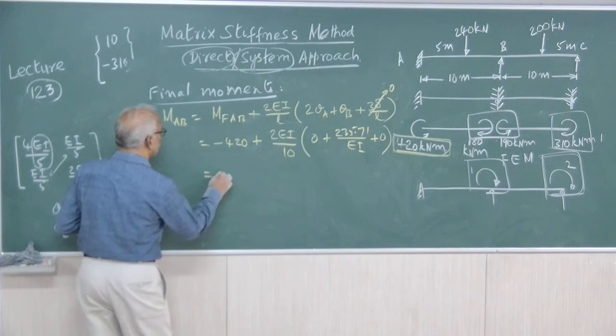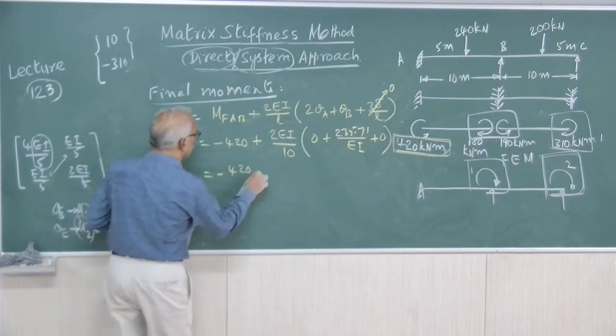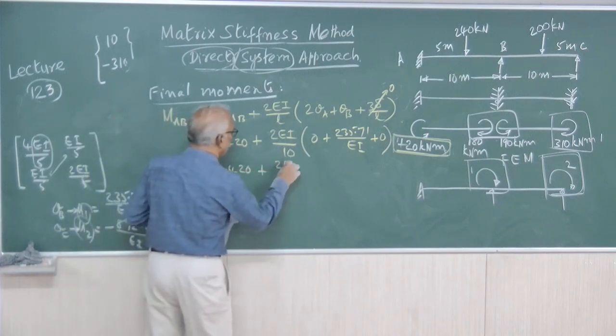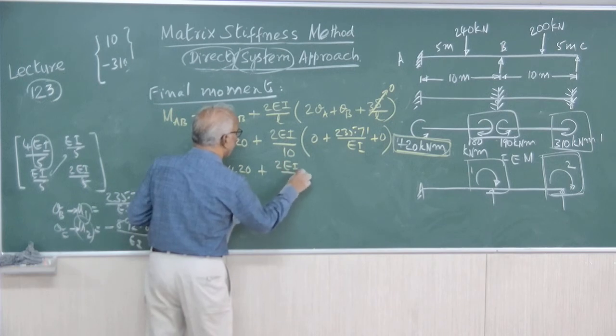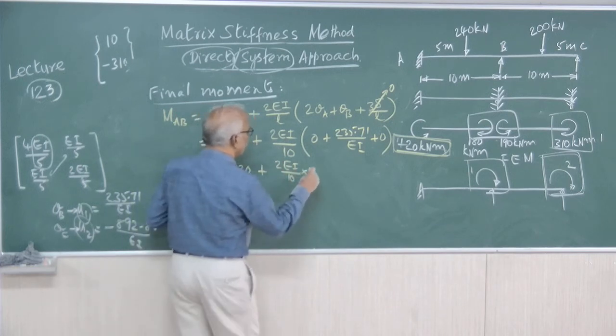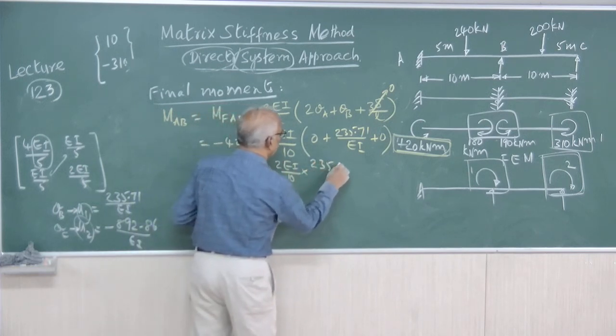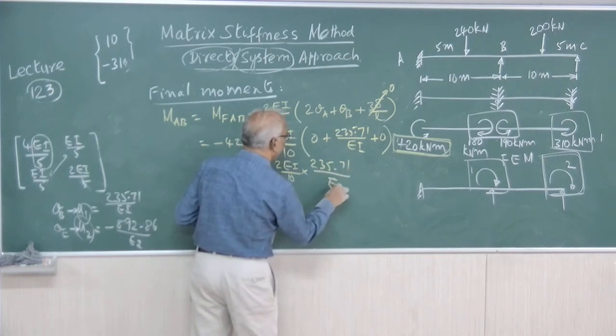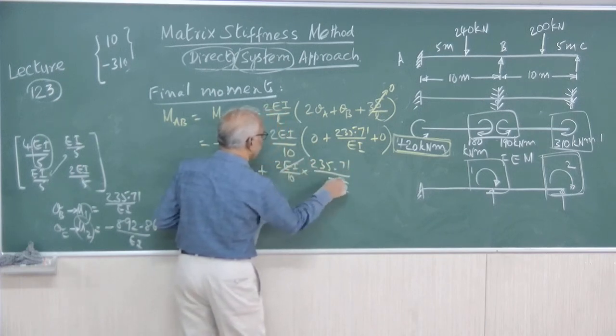Therefore, that is equal to minus 420 plus 2EI by 10 into 235.71 by EI. So EI will get cancelled.